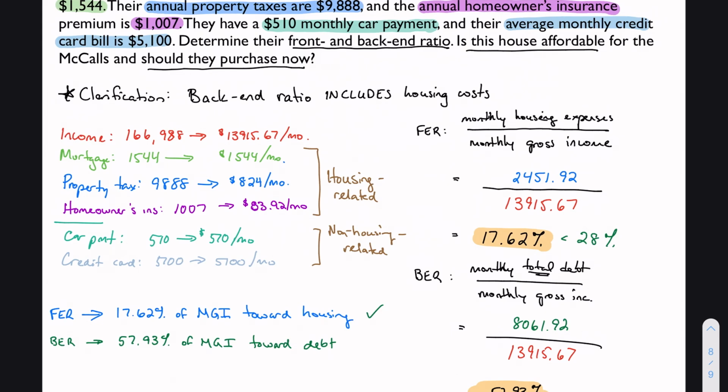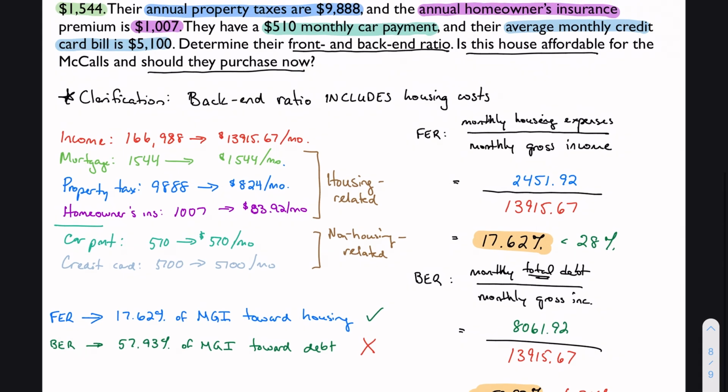This is no good, right? This is not under my 36% benchmark or even anywhere close to it. This is not good at all. So I would say yes, the house is affordable. But should I buy it now? Probably not. The back end ratio is too high.